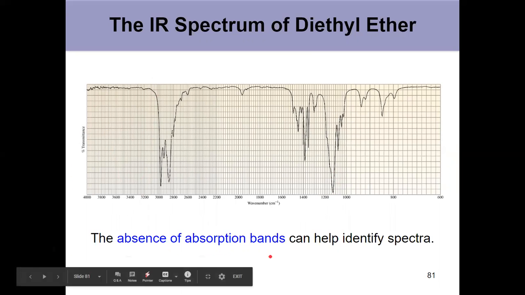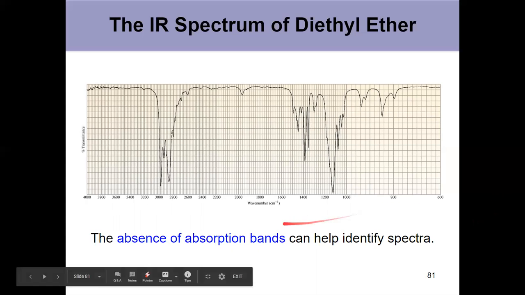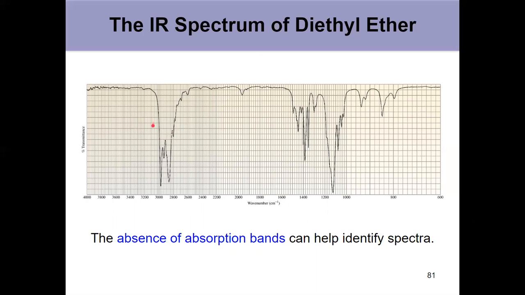which is a really important concept as well. The absence of absorption bands can also help you identify a product given a spectrum. Okay. I also know I don't have a carboxylic acid, for example, because there's nothing at 1700 where that carbonyl peak would show up. Okay. I don't have any peaks above 3000, so I don't have any sp or sp2 hybridized carbons.